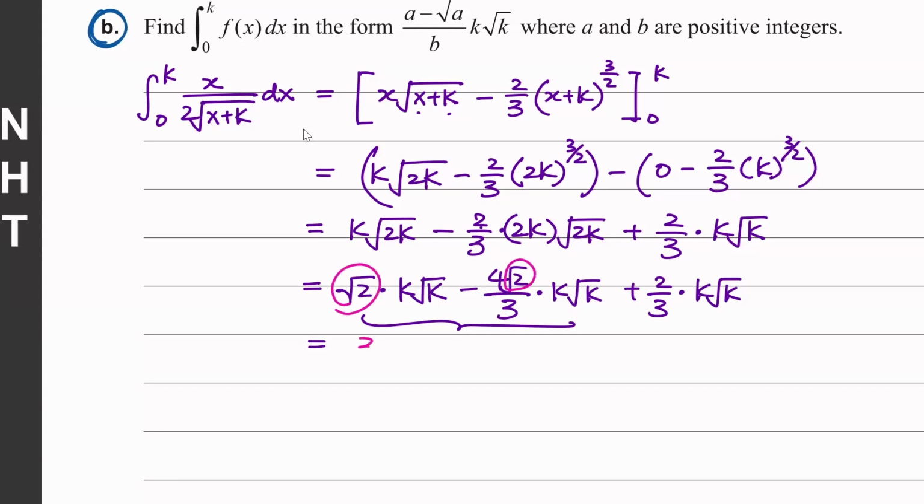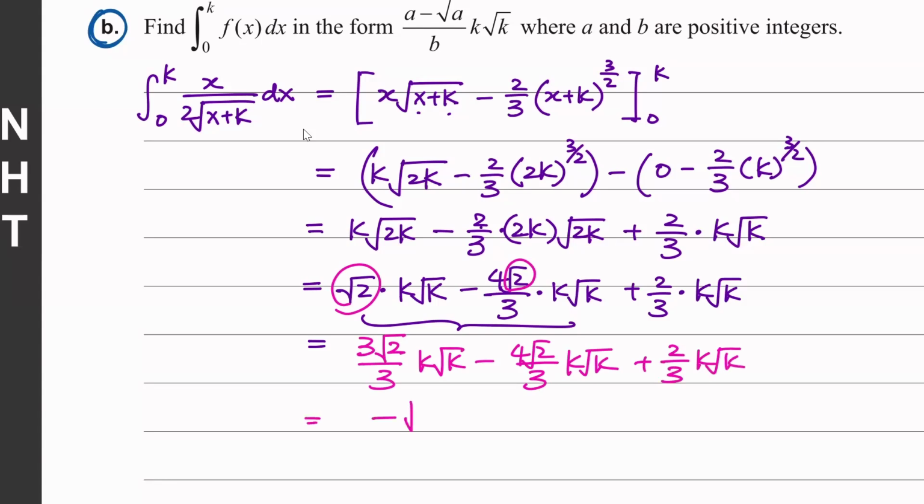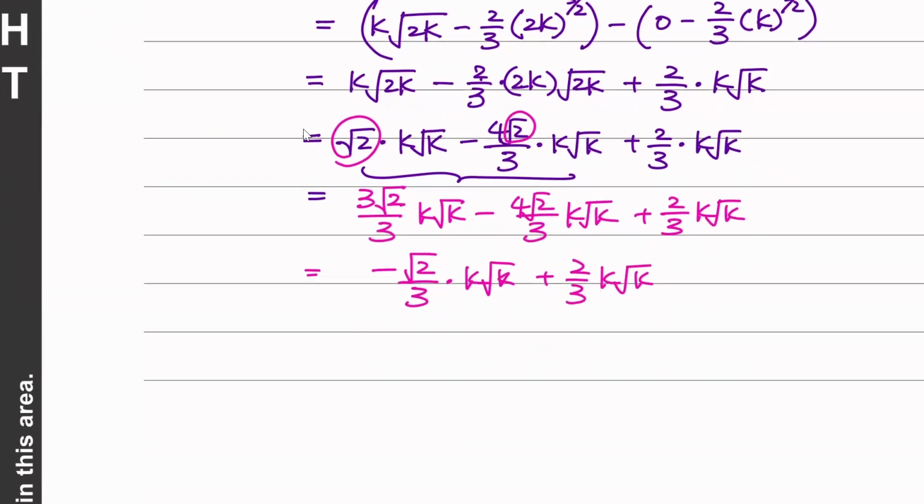I might want to write this one as 3 root 2 divided by 3 k root k, subtract 4 root 2 divided by 3 k root k, plus 2 on 3 k root k. So you just get minus root 2 on 3 times k root k plus 2 on 3 k times root k.